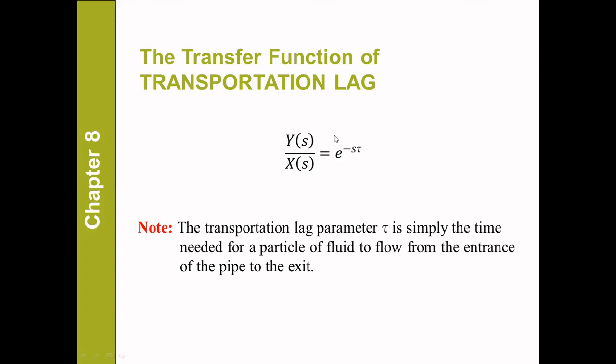that this particular exponential form of the transfer function of a transportation lag be replaced by an approximate equivalent. That way, in the process of inversion later on, we will not have to resort to producing an expression of the response, in this case let's say y of t, that will be expressed in terms of u of t.